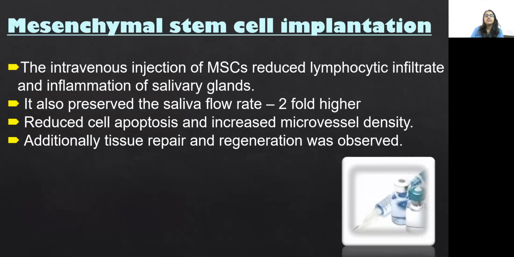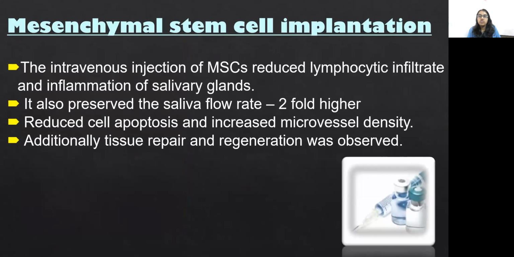Next stem cell is mesenchymal stem cell implantation. Implantation is basically taking cells from one person and giving them to another person.